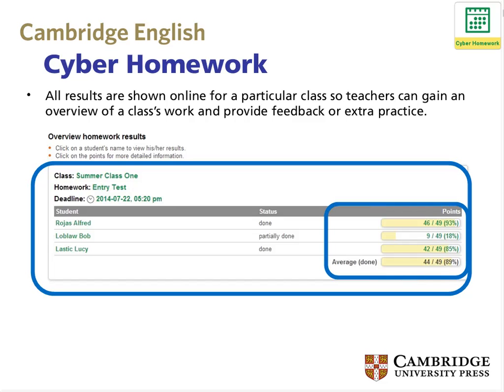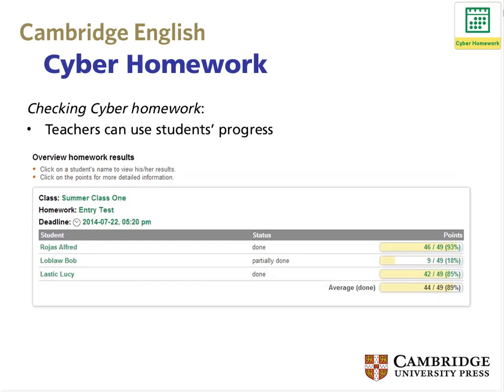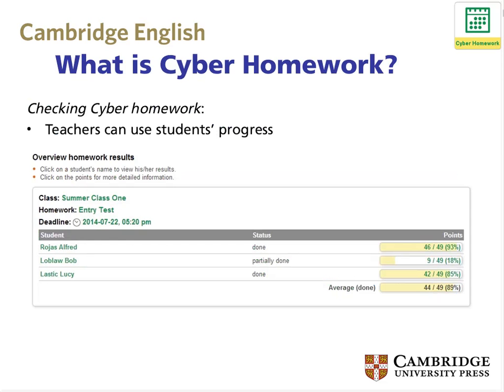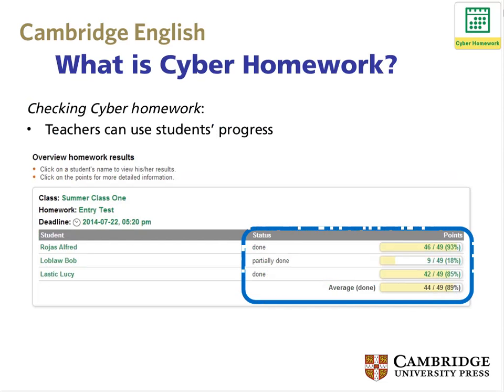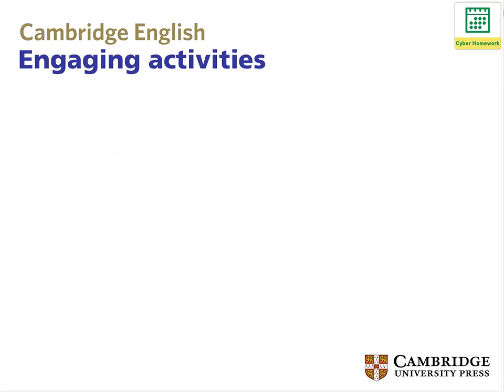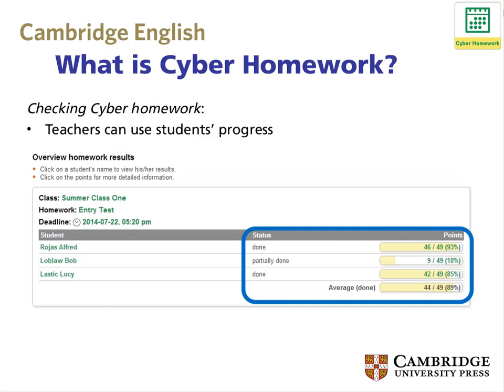We're going to talk about that in a little while. As we mentioned before, teachers can use students' progress to see where they are, or what aspects they may need to cover.